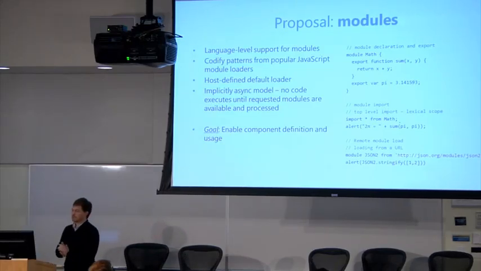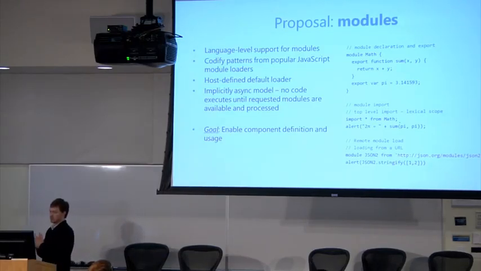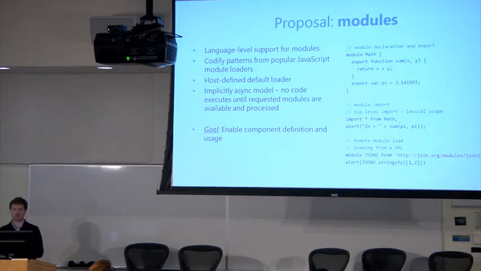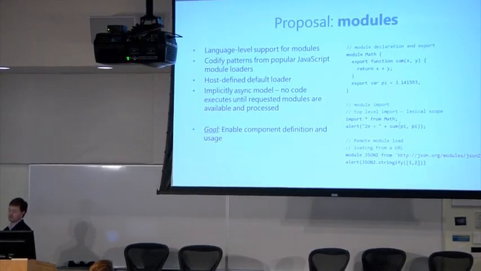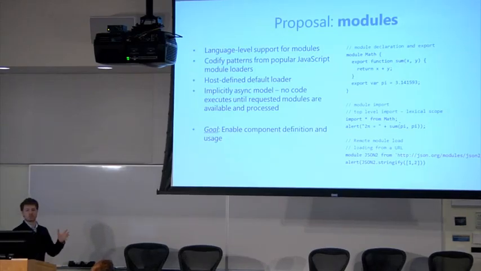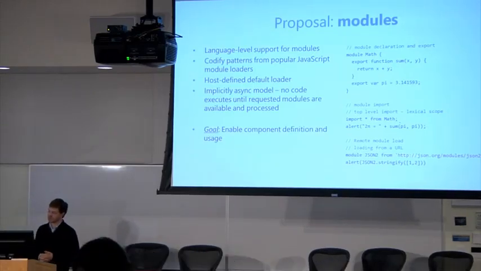Okay, so the next one, modules, is potentially one of the largest impact features, I would say, in the set of proposals here. It can potentially address several of the larger scale application development issues and provide a tool at the large scale for helping to structure your programs in a more reasonable way.